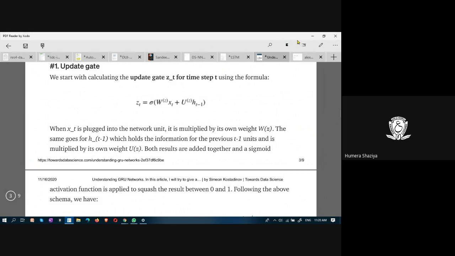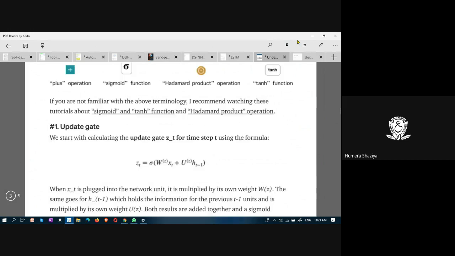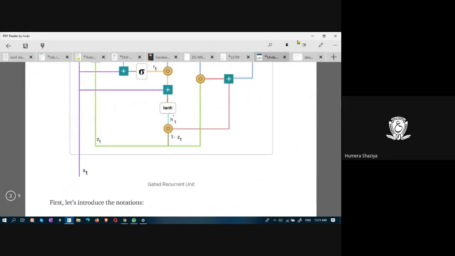W is the weight. Weight times this input value, summed with this, which is also a weight, times the previous unit's output. This is z sub t. How are you getting z sub t?